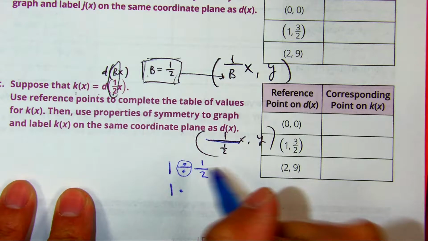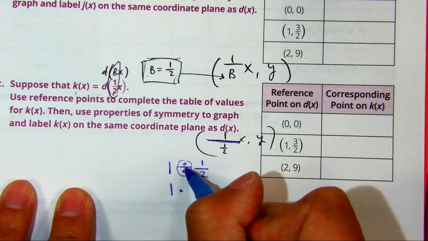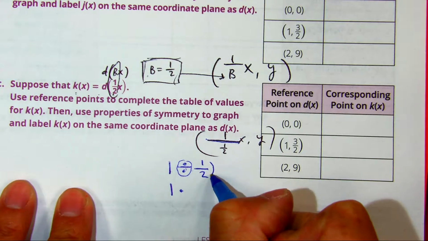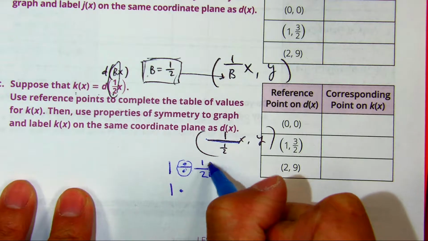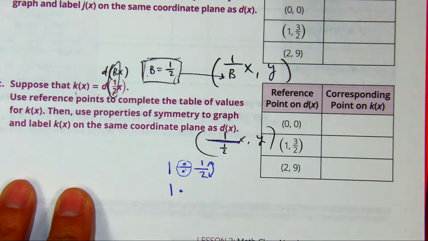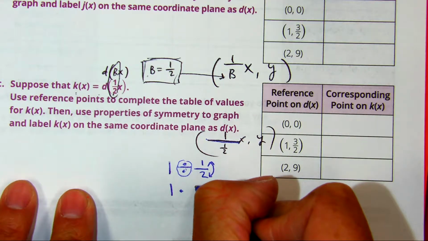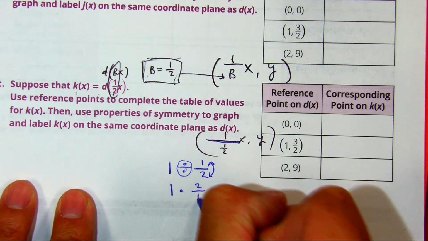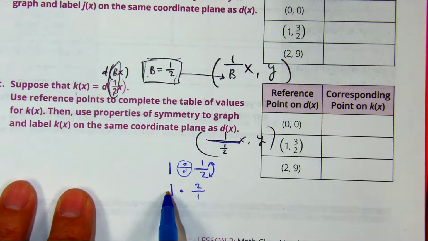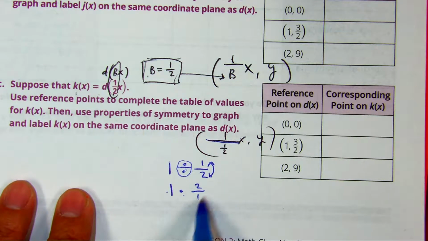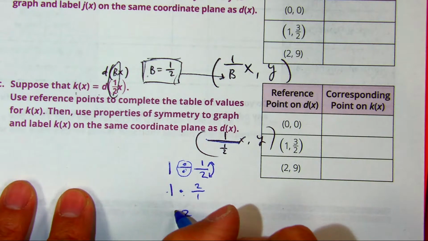So I have from division to multiplication, but in order to do that, I have to flip the second expression. So instead of 1/2, I'm going to write what? 2 over 1. In class, what is 1 times 2? My answer is 2.